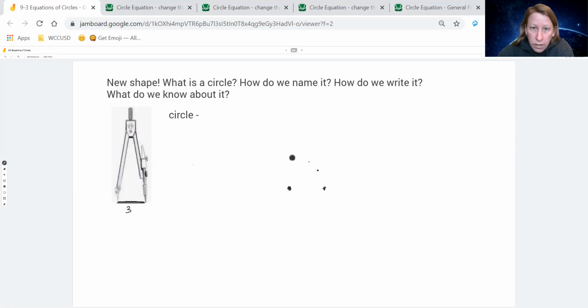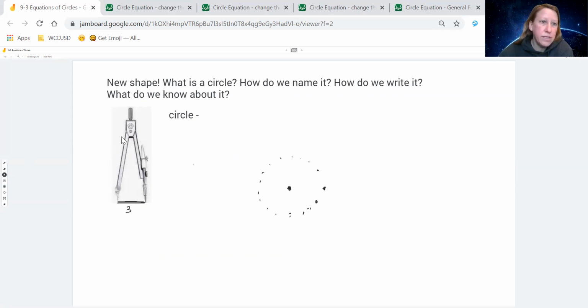I would keep finding points that were 3 away from this center point. And I don't know if I'm going to do a good job here. Oh, not too bad. Okay, if I keep drawing points that are exactly 3 away from a center point, I'm going to create what shape? A circle.